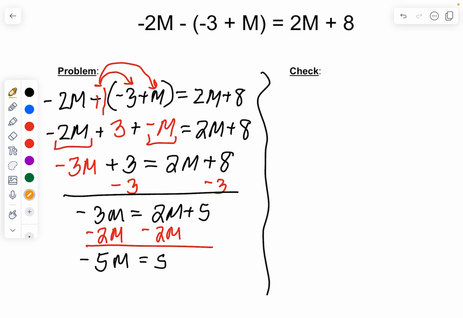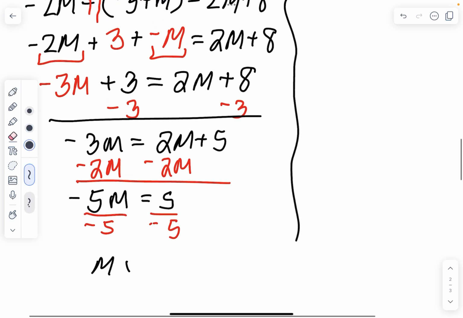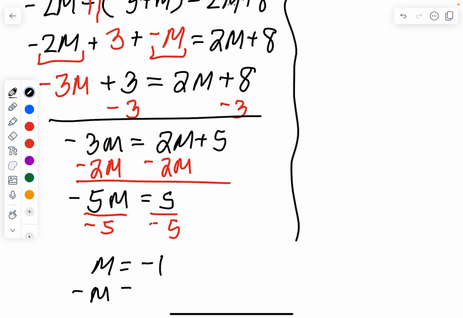I'm going to go ahead and I'm going to divide both sides by -5. And I end up with m equaling -1 and -m equaling 1.